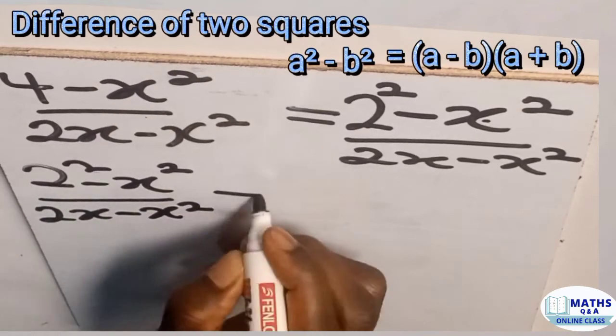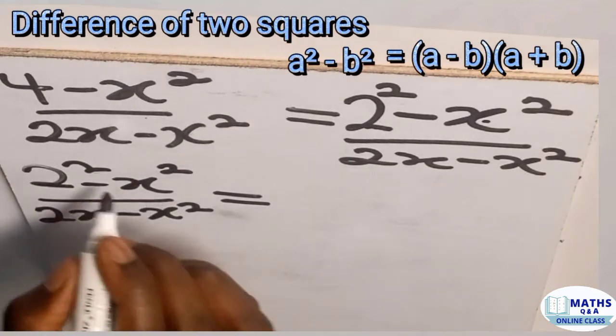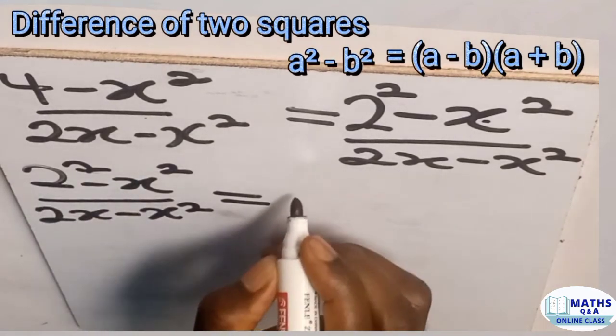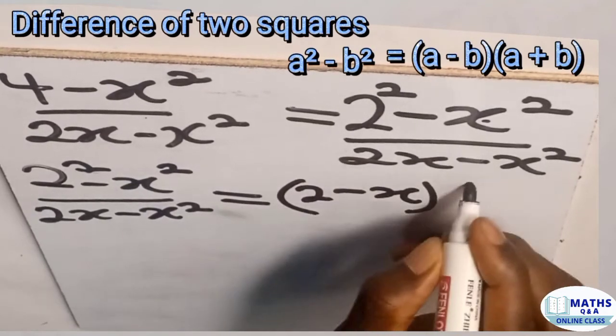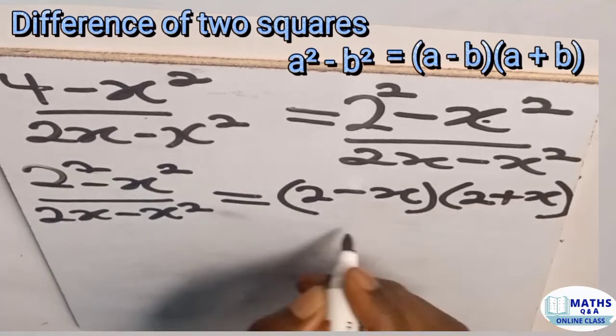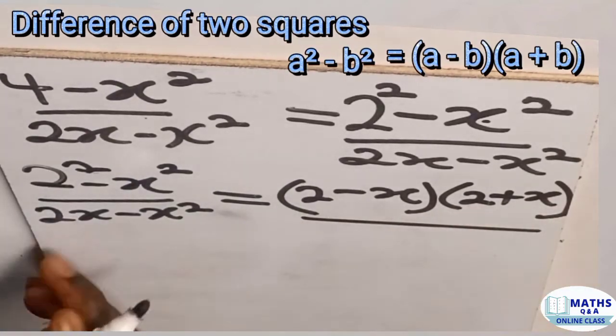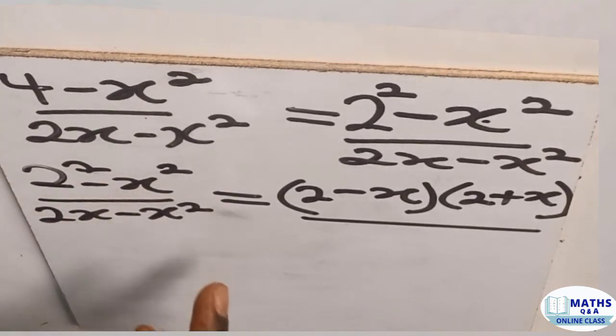And using the difference of two squares formula, 2 squared minus x squared will have the factors (2 minus x) multiplying (2 plus x), all divided by, now we have 2x here and then we have x squared here.